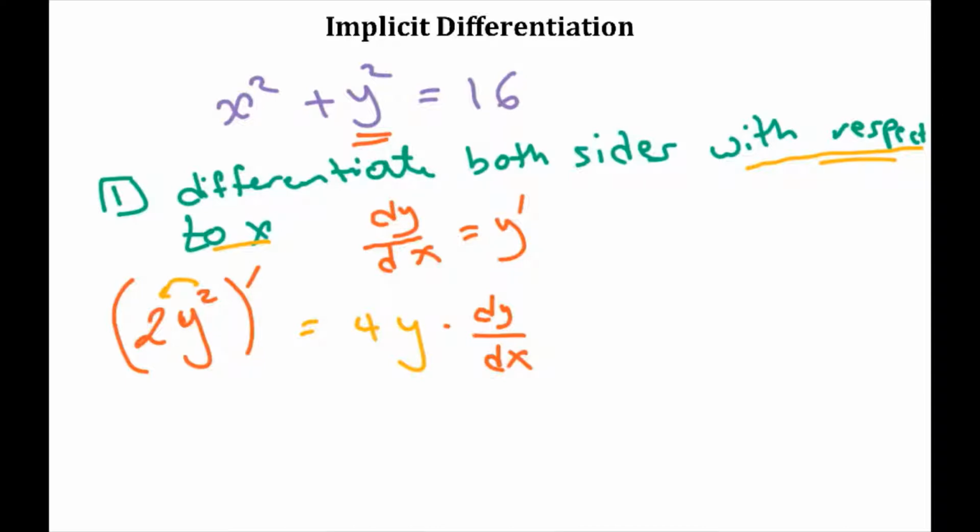So why do we do this? Well, the short answer is that it's a form of the chain rule. Because there is an outside function, like this is 2y squared, so that's the function.